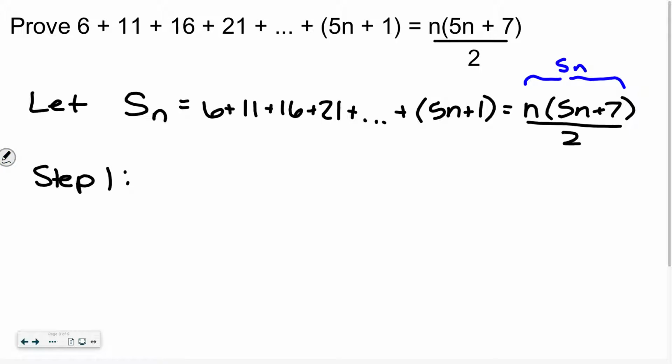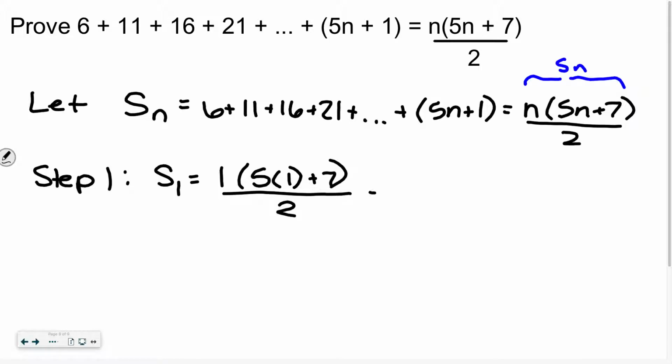So we want to verify that S sub 1 is true. I'm going to plug 1 in for all those n's. I don't need to plug it into the middle stuff. I'm verifying the formula is true for n equals 1. The formula is over here on the right side, and I'm plugging in 1 for n.